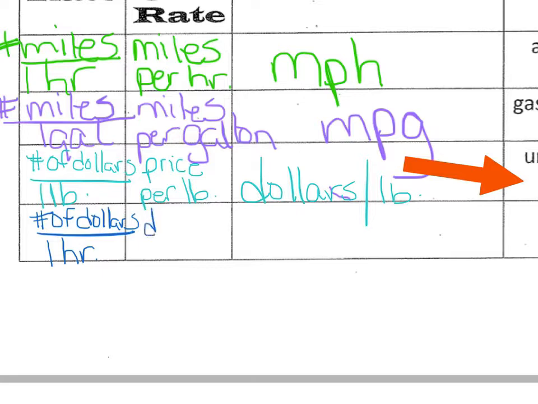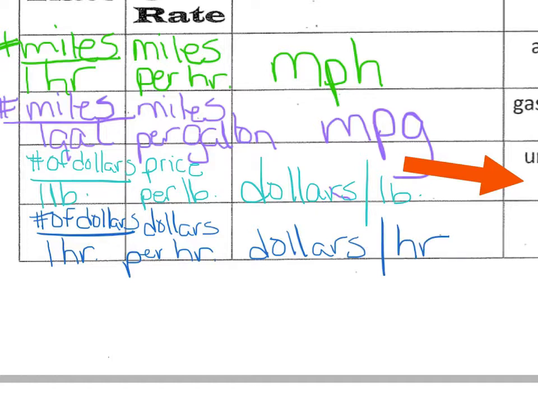So our actual unit rate is dollars per hour, and what we actually call that is an hourly wage. Have you ever heard of the minimum wage? That's the dollars per hour that you make at minimum wage, or what most early jobs start with.